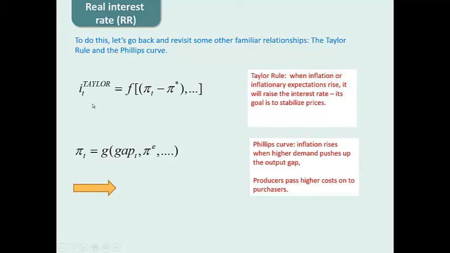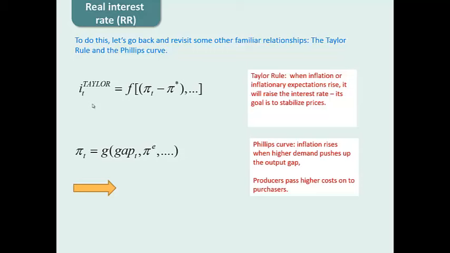Now remember, the Taylor rule, that's sort of what guides the central bank. And one of the key features of the Taylor rule is that when inflation or inflationary expectations rise, it needs to raise the interest rate. It needs to reduce demand because its goal is to stabilize prices.